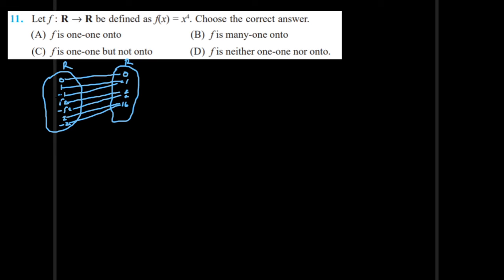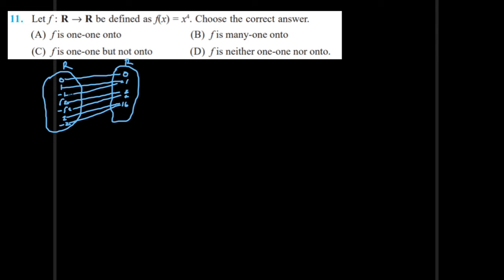So in this case 0 is mapping to 0. The image of 1 and minus 1 is the same, 1. Then root 2 and minus root 2 also map to the same 4. Then 2 and minus 2 also map to 16. So this is not one-one function. Clear?